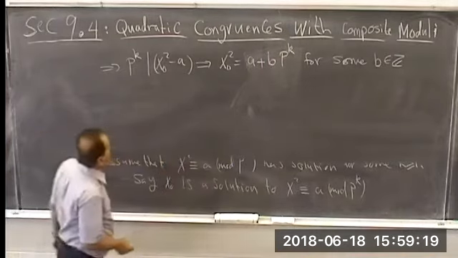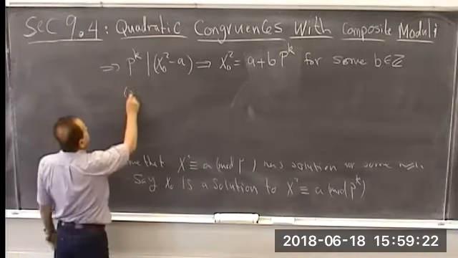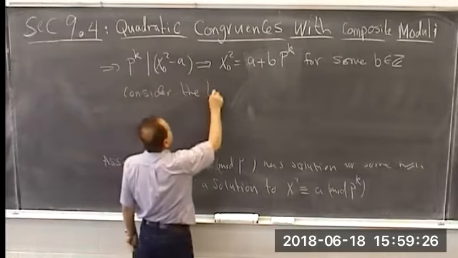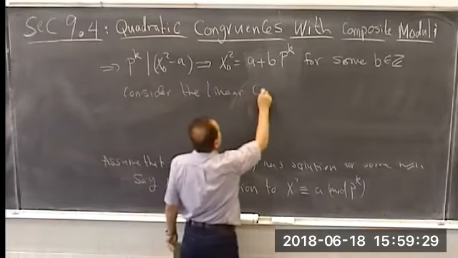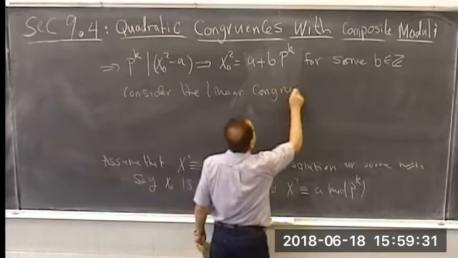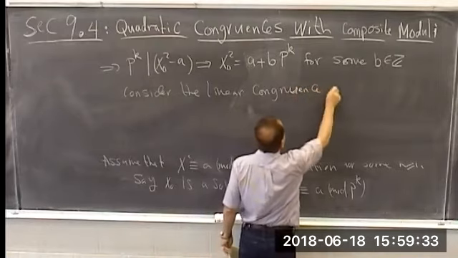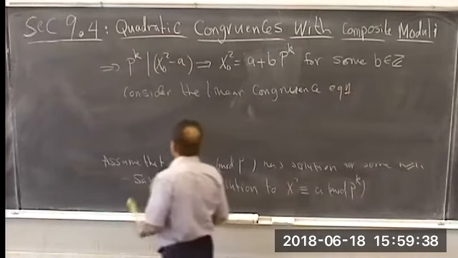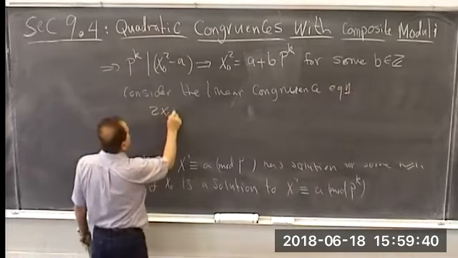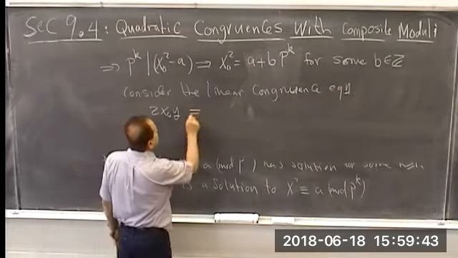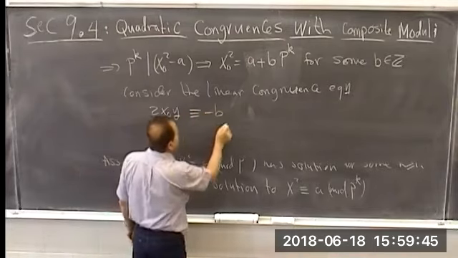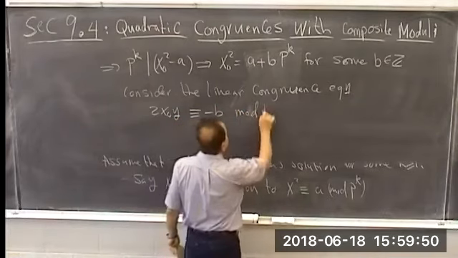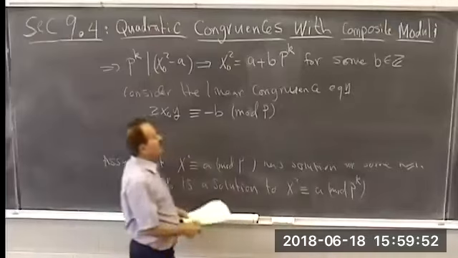All right. So let's now consider the linear congruence equation, which is 2x sub 0 y is congruent to negative b, or plus b if you wish, mod p.